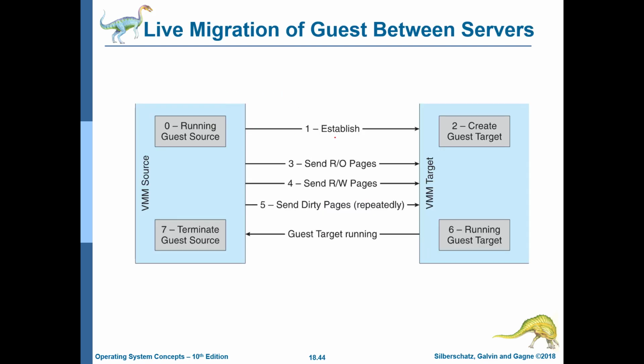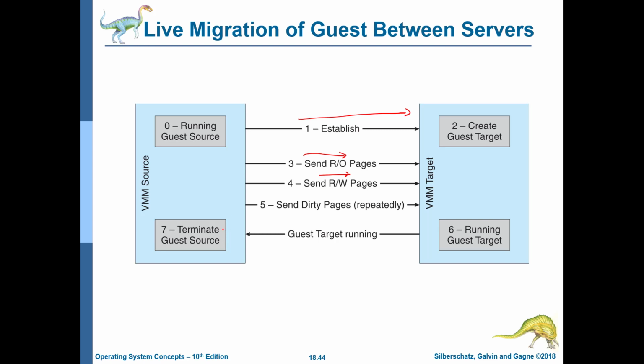We have a running guest. So you establish a connection with the target. Then the target creates the data structures. First, we send the read-only pages, then the read-write pages. This process is done repeatedly, not the read-only part, but the read-write pages are sent repeatedly. As I've said, this gradually becomes a convergent series because the time taken to transfer and the number of pages updated both keep reducing till a certain point.